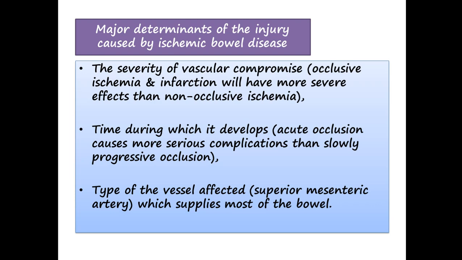The time frame is very important because long lasting ischemia will have more serious complications than transient or slowly progressive occlusion. The type of the vessels also has important effects. For example, if the superior mesenteric artery is occluded, it will have more serious complications because it supplies most of the small intestine and large intestine.